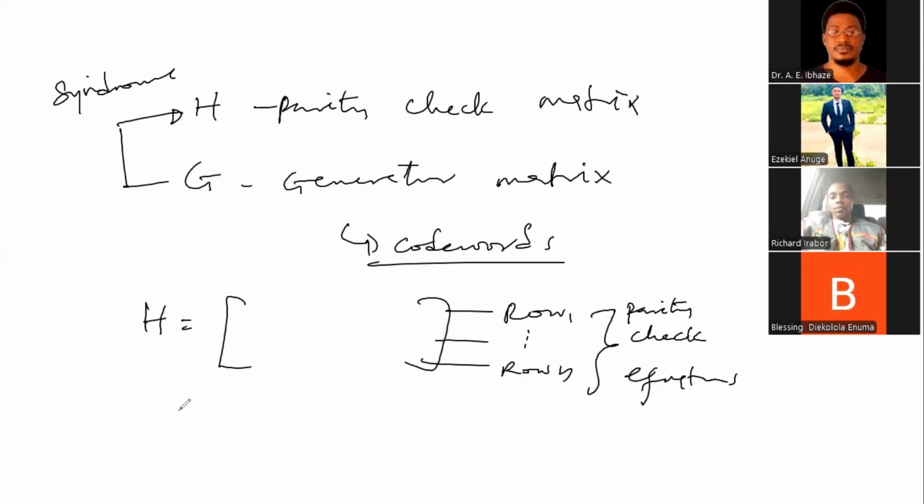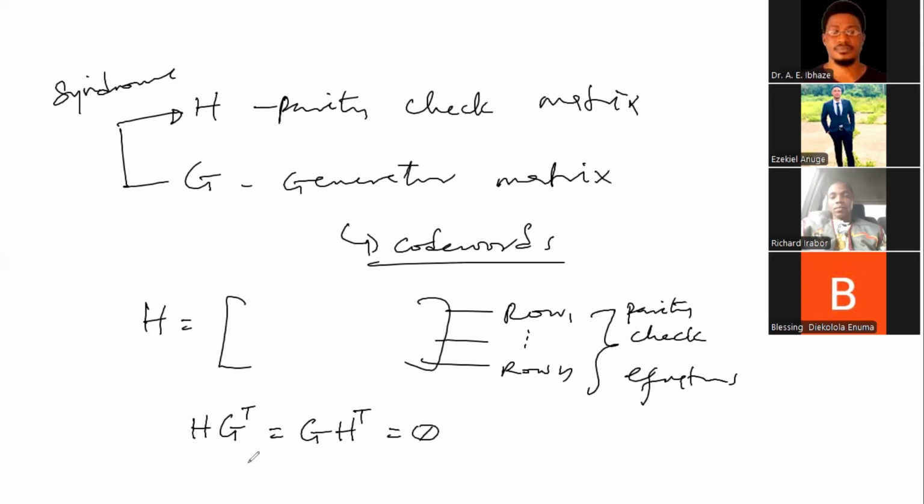And since both the parity check matrix and the generator matrix are derived from the same parity bits, the product of the parity check matrix and the transpose of the generator matrix, which is also the same as the product of the generator matrix and the transpose of the parity check matrix, must be equal to 0.